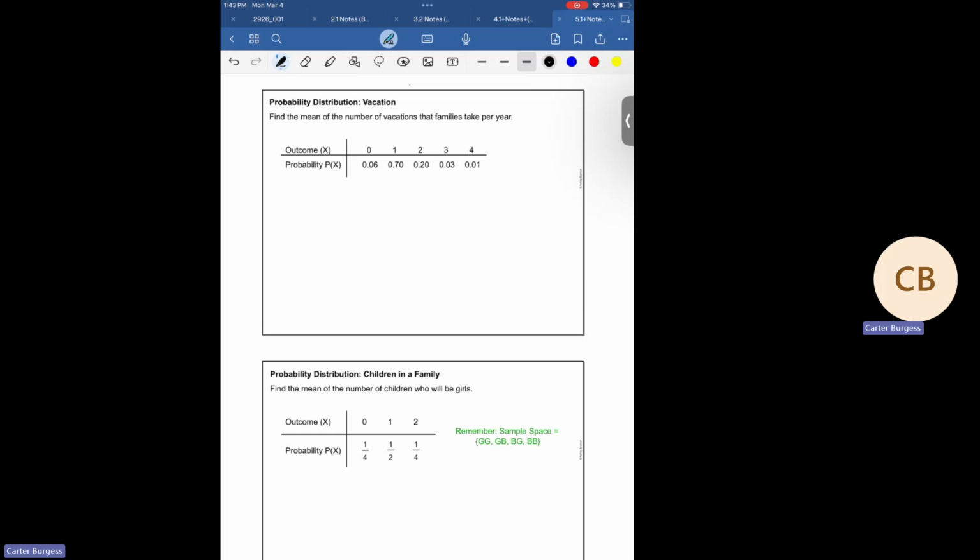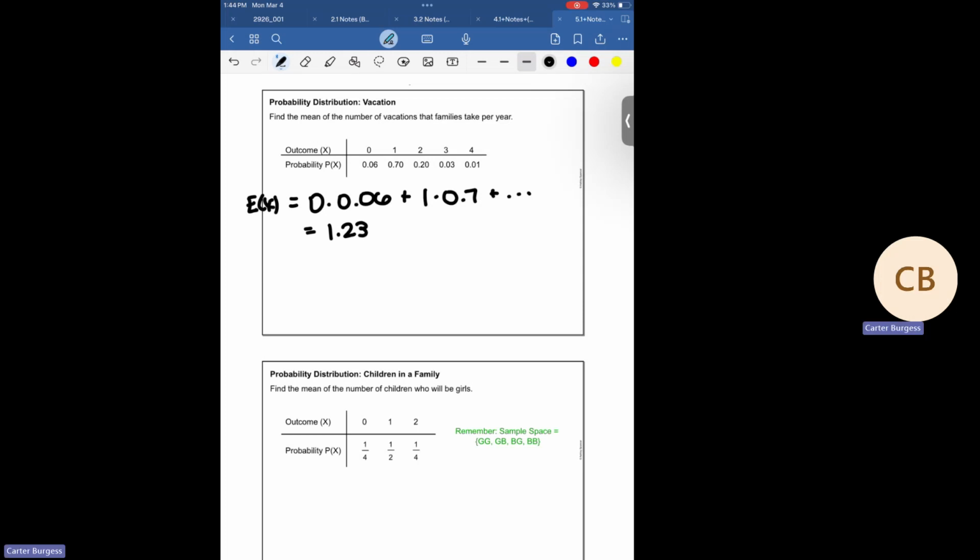Okay, let us take a look. All right, let's take a look at what we got here. What is my setup for this problem going to look like? So 0 times 0.06 plus 1 times 0.7, ... What did we end up getting? 1.23.